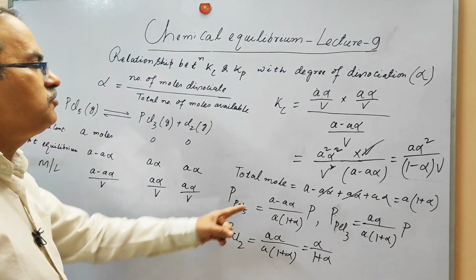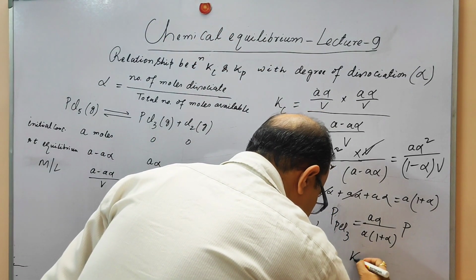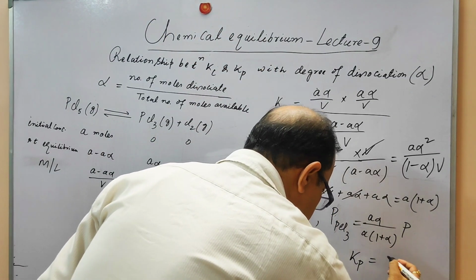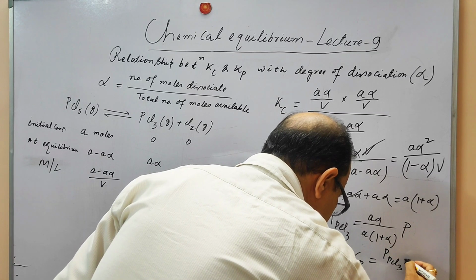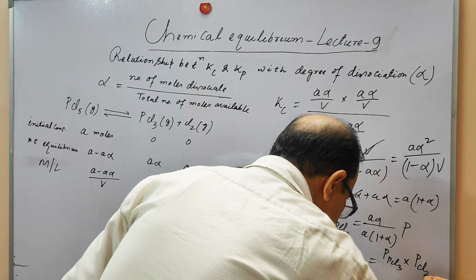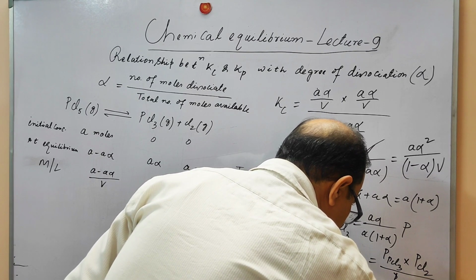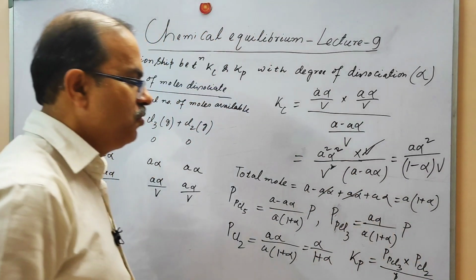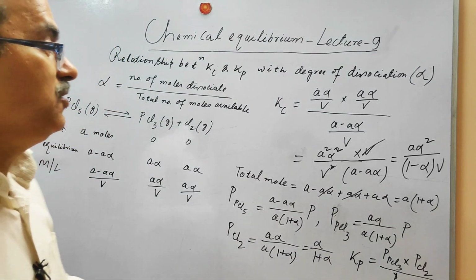And when we put this value in the Kp, we know Kp is equal to the partial pressure of PCl3 into partial pressure of Cl2 divided by partial pressure of PCl5, and when we put this value we will get the Kp in terms of degree of dissociation.